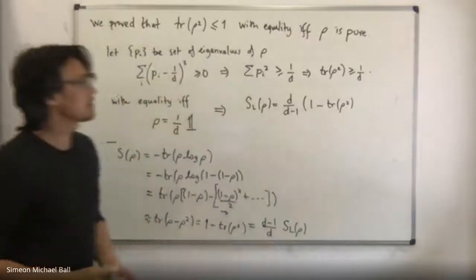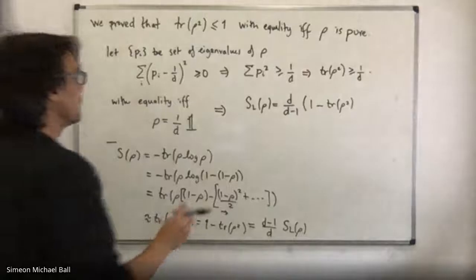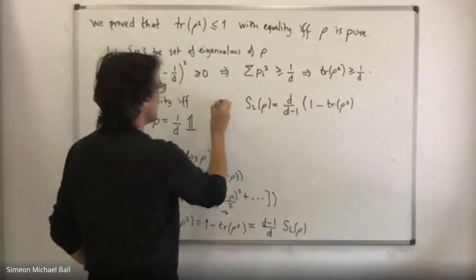So we say it just because I want the linear entropy to always be between 0 and 1.